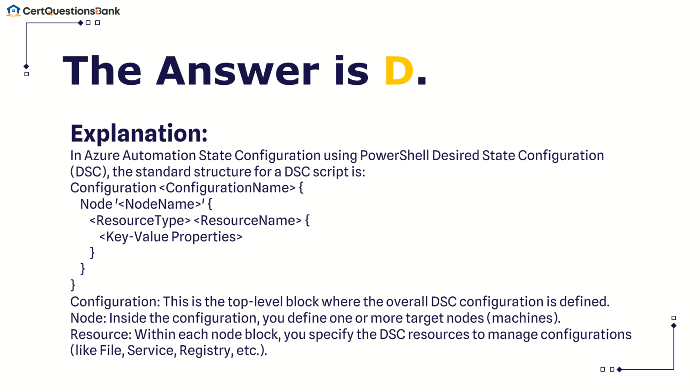Node: inside the configuration, you define one or more target nodes, machines. Resource: within each node block, you specify the DSC resources to manage configurations, like file, service, registry, etc.